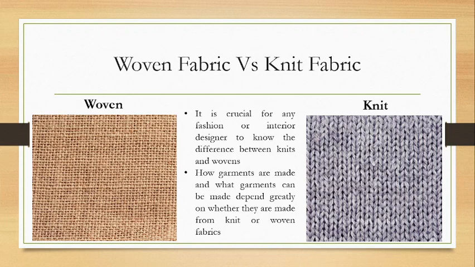Their different structure and composition gives them radically different characteristics. So much so that the construction of garments made with knits and wovens must be much different. So if I was to make the same garment, say a shirt or something like that, with a woven fabric, it would by necessity need to be constructed very differently than with a knit fabric.